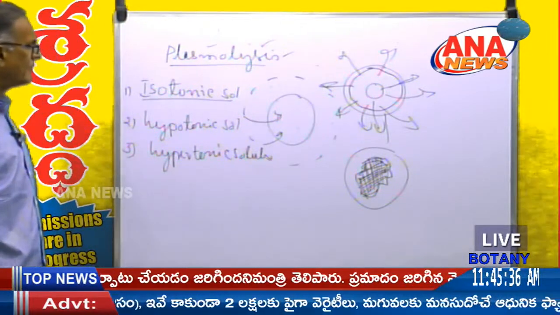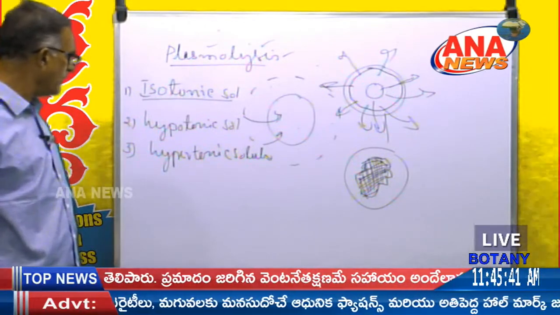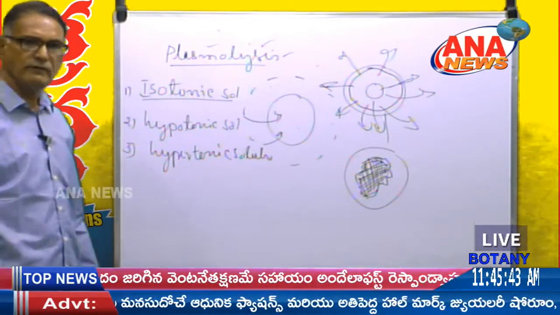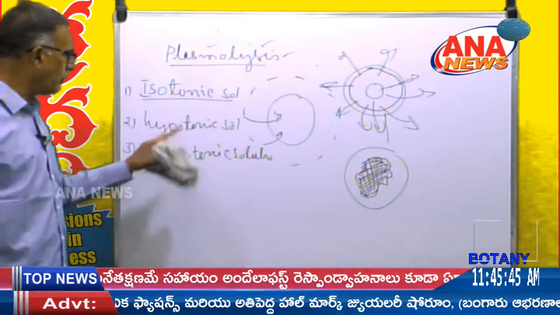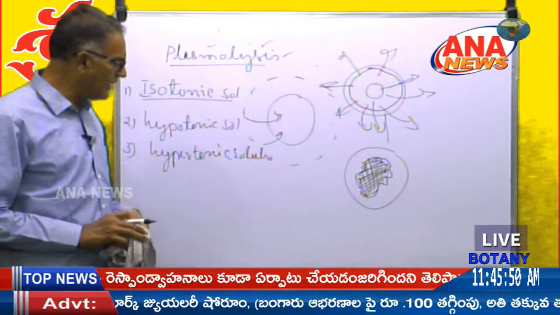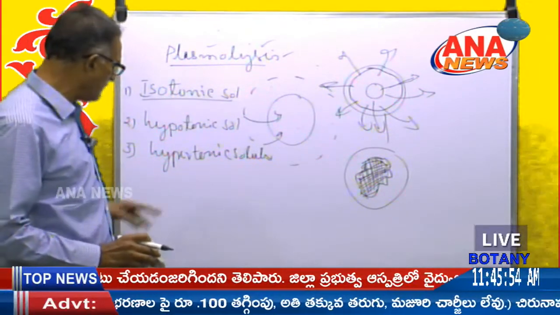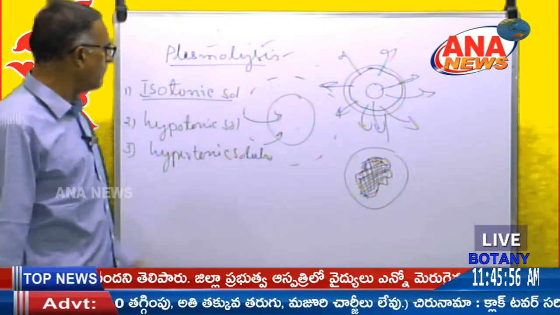So what is plasmolysis? Define and explain the plasmolysis. A question will be asked. Number of times such a question was in the question papers. So what is plasmolysis? The water comes out from the cell and the plasma membrane gradually shrinks when the cells are placed in hypertonic solution, that is plasmolysis.